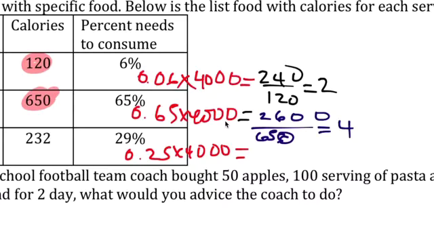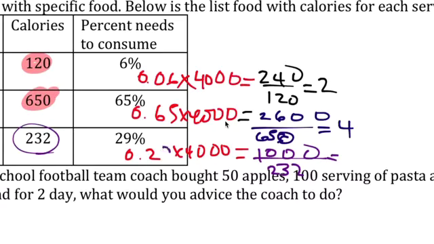And then multiply 4,000 times 0.25, you get 1,000. Divide that by 232. Uh-oh. Gave you the wrong, oh, that's 29.